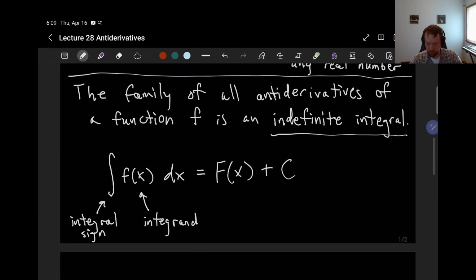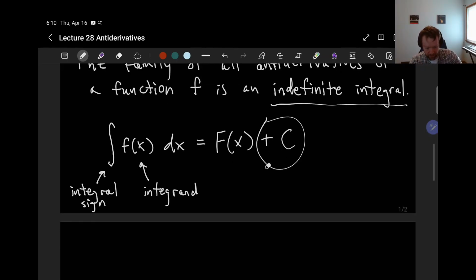Now, in this course, we don't really get into why adding C for sure gives you everything. So we're not really getting too into the why of that, but it's true. So throwing on that plus C will give you all antiderivatives of little f.